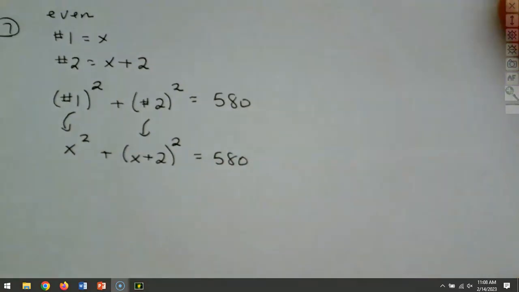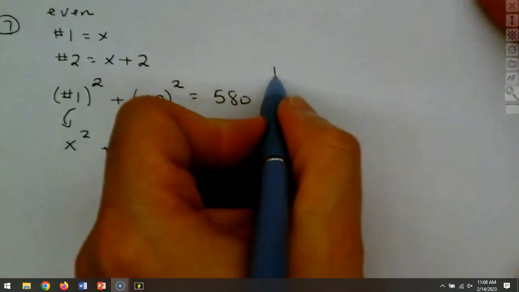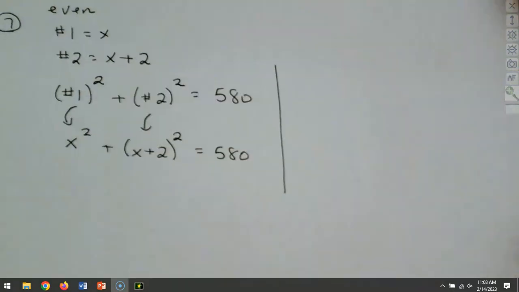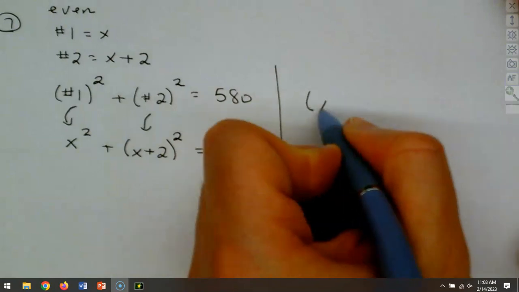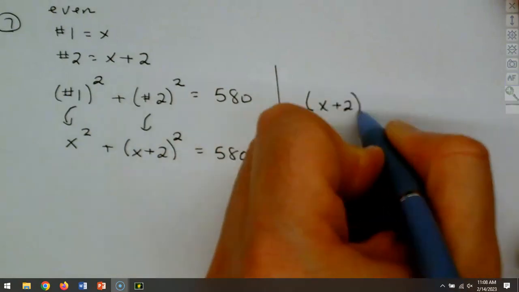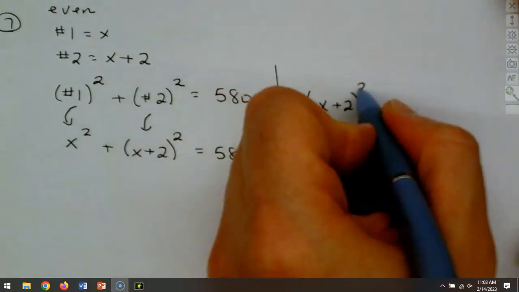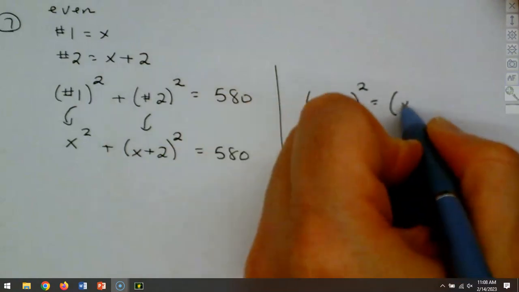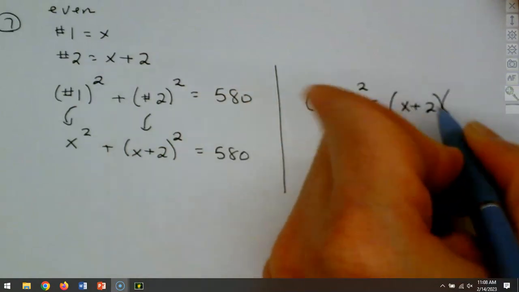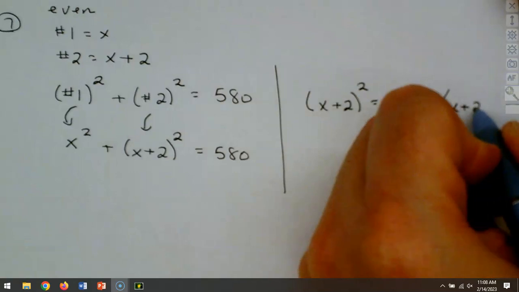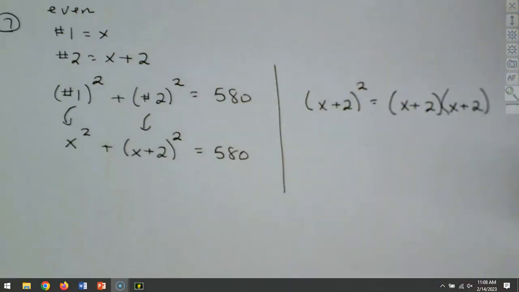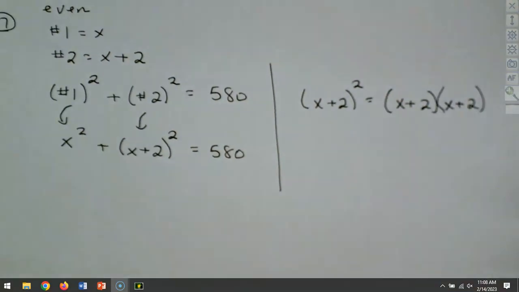And how do we finish it? I'll do one more step, and then I'll leave it for you to finish. What we're going to look at next is we're going to take that x plus 2, quantity squared, and we're going to have to FOIL it. So these require foiling, checking your solution, so lots of things to do in this section.